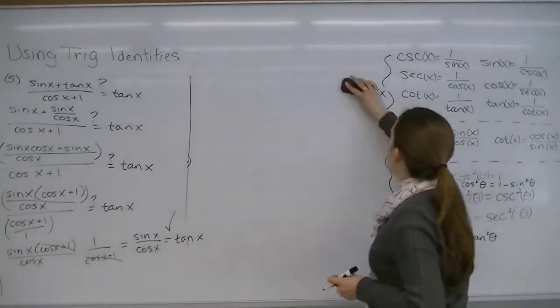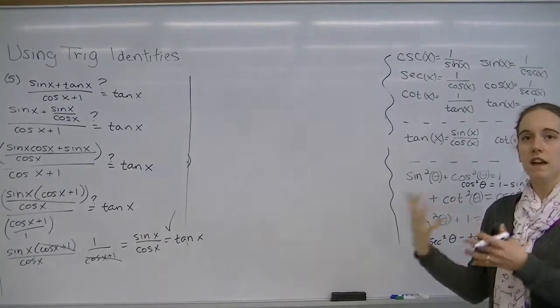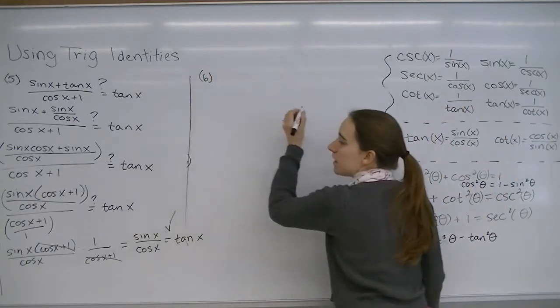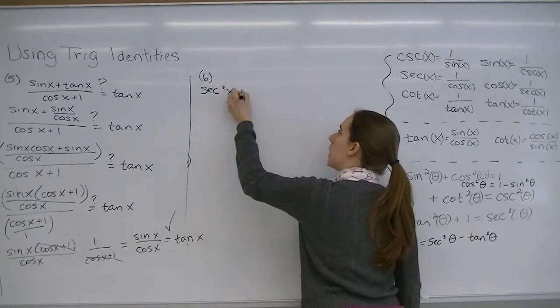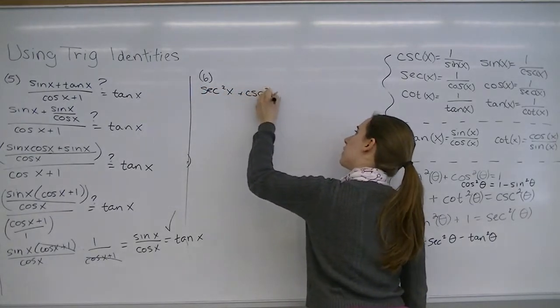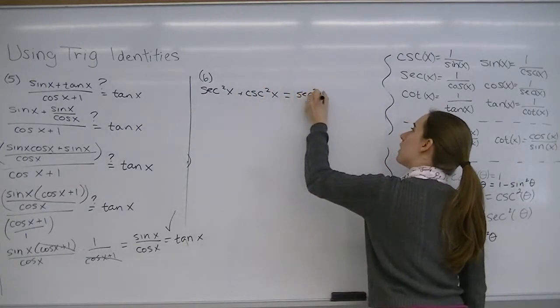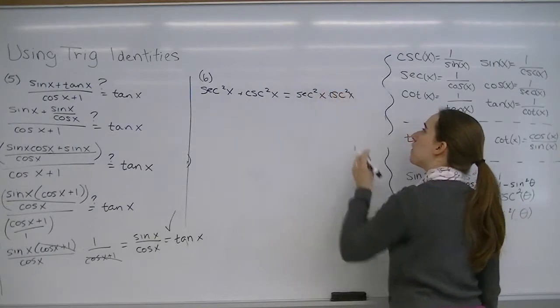So notice that one, and even the first example I did, I really only worked on one side and I made it look like the other side. In an example like this one, secant squared x plus cosecant squared x is equal to secant squared x times cosecant squared x.